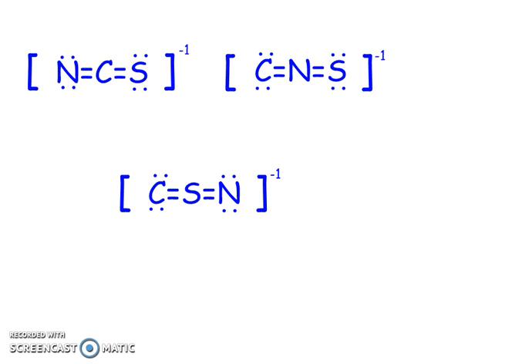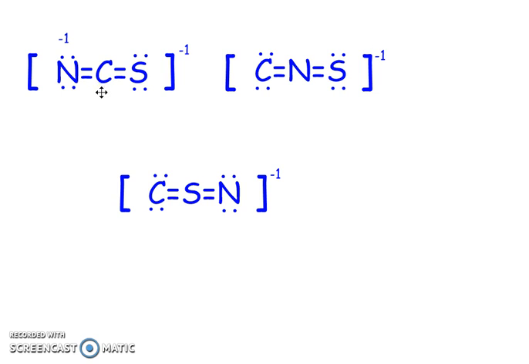Next we have NCS with a -1 charge, but how is it going to be arranged? Again, we want to assign the formal charges first. Nitrogen has 5 valence electrons, minus 4 for the non-bonding electrons, minus 2 for the bonds. It has a formal charge of -1.